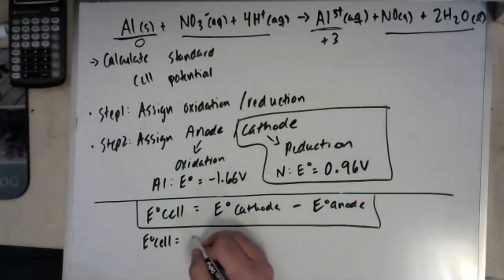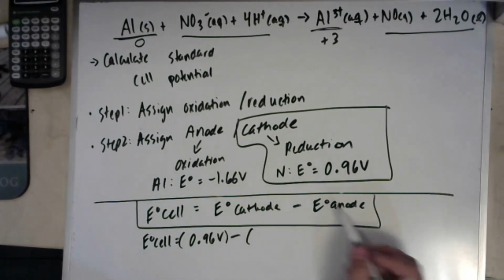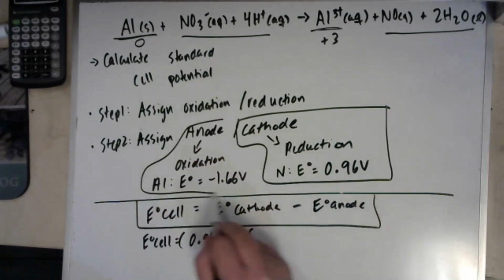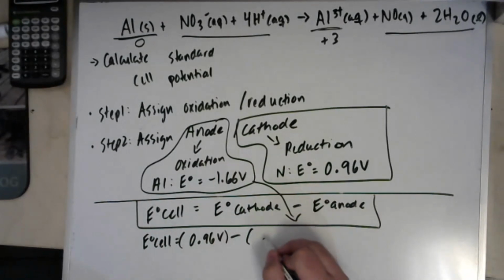which is this, 0.96 volts. And I recommend also keeping both of these values in parentheses so that you don't confuse yourself with any sign situations that happen. Sometimes you end up dropping a sign if you don't. So now we're subtracting the E value for our anode, and that's going to be the negative 1.66.